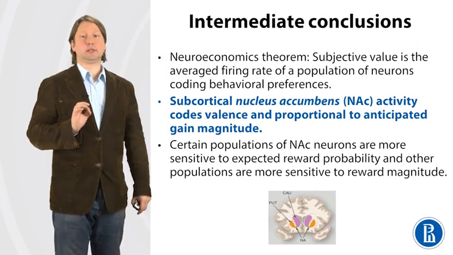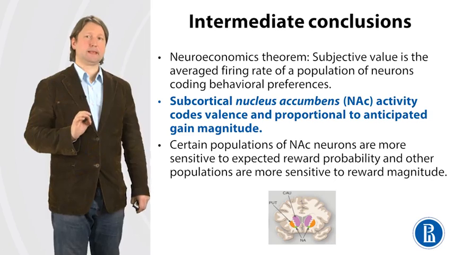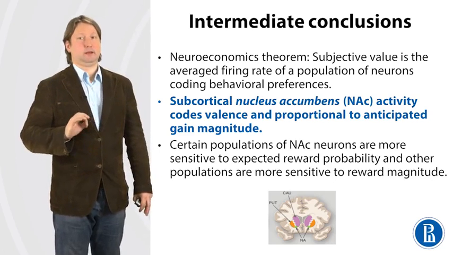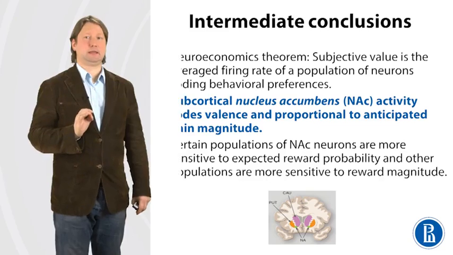It also looks like certain neuronal populations of the nucleus accumbens code the expected magnitude of the reward, and some populations code the probability of getting the reward. So this is a key region for the calculation of expected utility during the decision-making process.